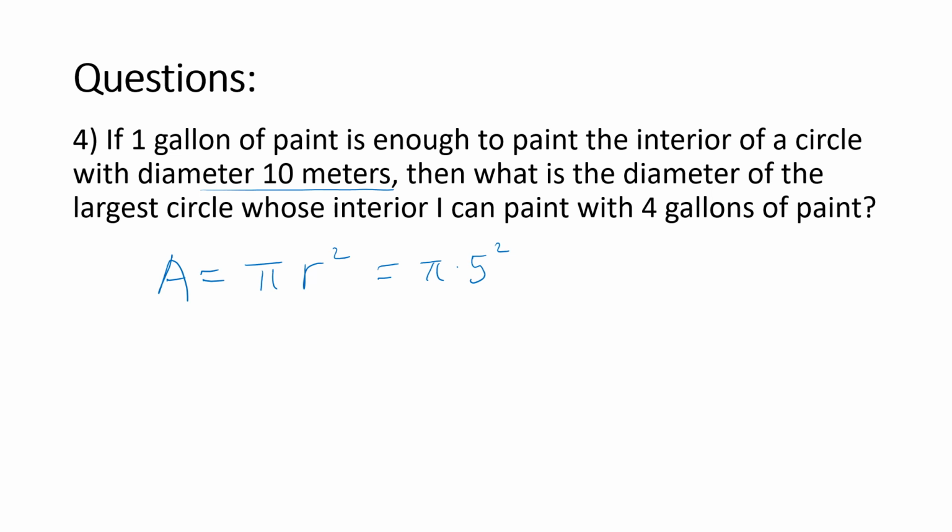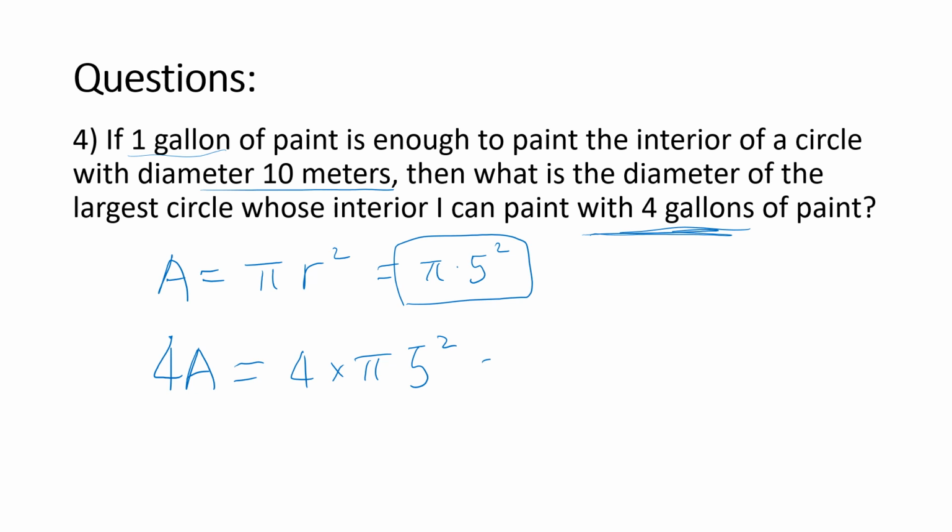Now I want to enlarge that circle by a factor of 4, because before I could paint with 1 gallon. Now I use 4 gallons, so instead of 1A, I want to have 4A. So 4A now becomes 4 multiplied by pi 5 squared, if I still use the original one. We want to find, in the form of pi r squared, what the r is.